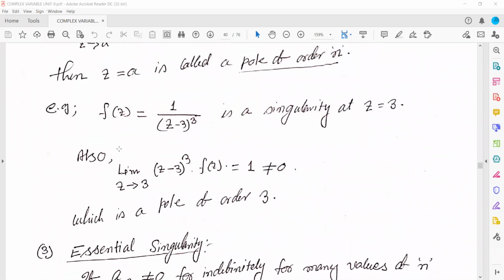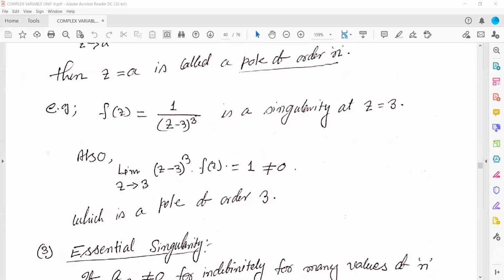Now if you see this expression, f(z) equal to 1 upon (z minus 3) whole to the power 3. Obviously we come to know that z equal to 3 is the singularity of the function. At z equal to 3 this function will not exist. Now whether z equal to 3 is a pole or not, let us find out the limit.